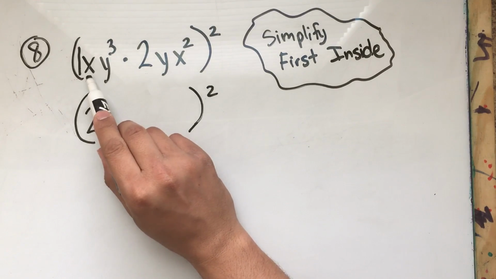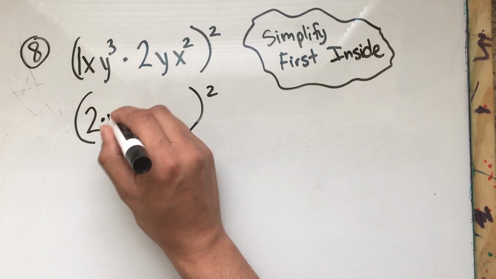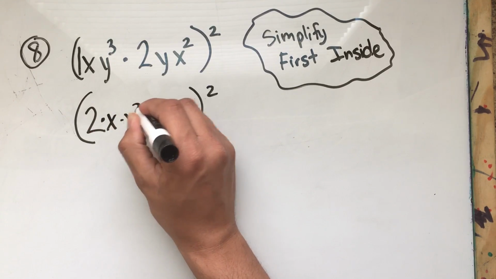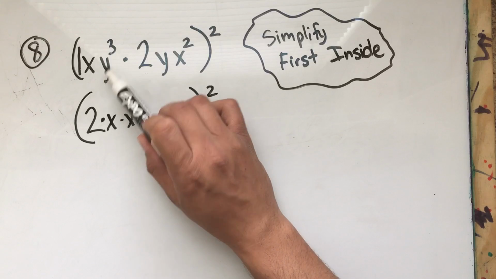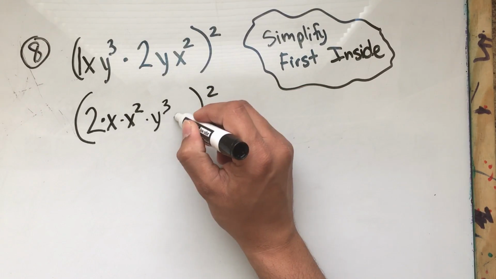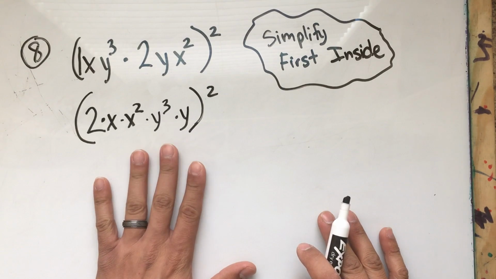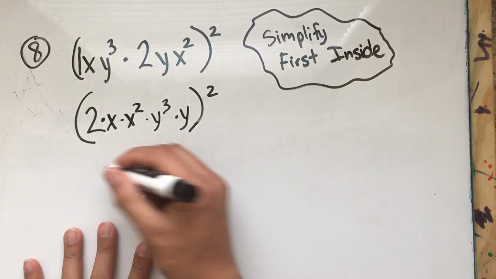Now I have x times x squared. Well, if you want to go ahead and write it out, let's write it out. X times x squared. And then we have y to the third times y. Now we have the variables next to each other, so that makes my life a little easier.